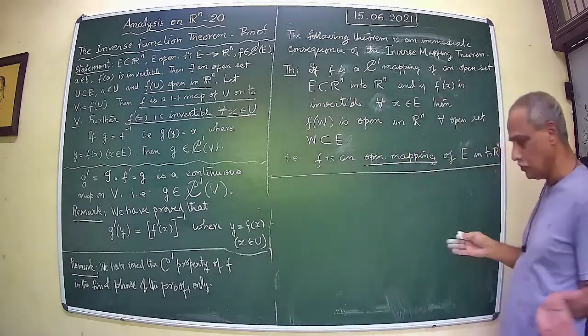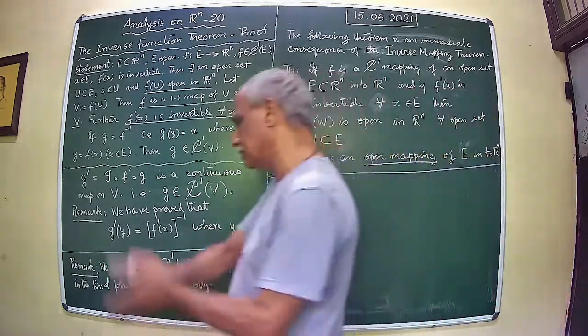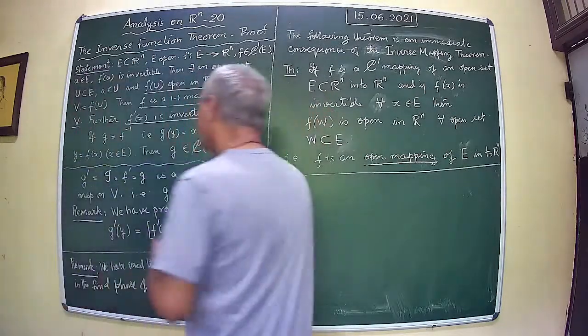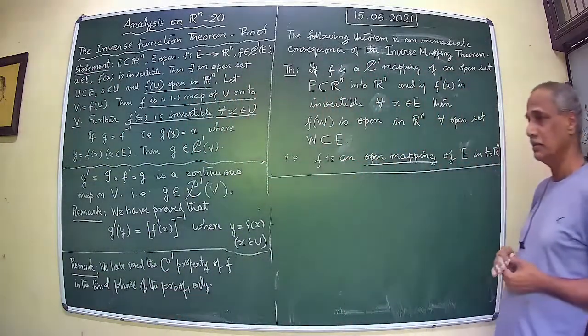Therefore if you want to prove that all open sets get mapped to open sets, then you can take help of this inverse function theorem.